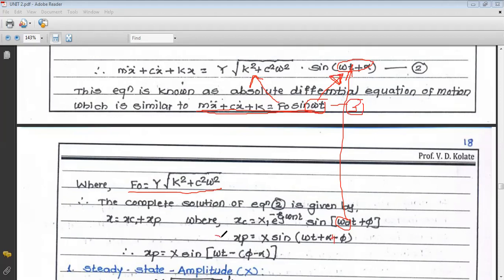And what is the value of xp? Xp is nothing but x sine of omega t plus alpha plus phi. Now if we take minus sign common, because our equation is omega t minus phi, that becomes xp is equal to x sine of omega t minus in bracket phi minus alpha.